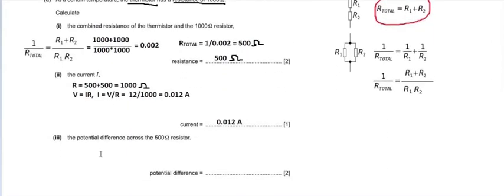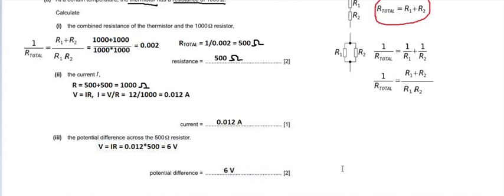Here Ohm's law is V equal to IR. So I is 0.012, the resistance value is 500, and that comes out to be 6 volt. I will write down over here again 6 volt.